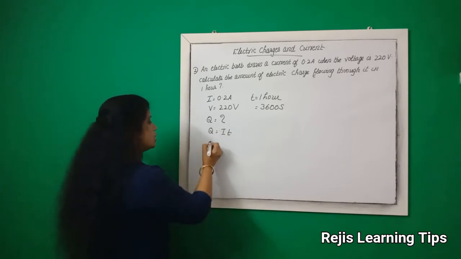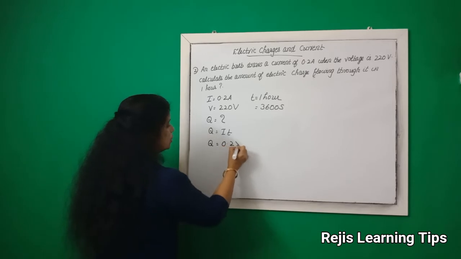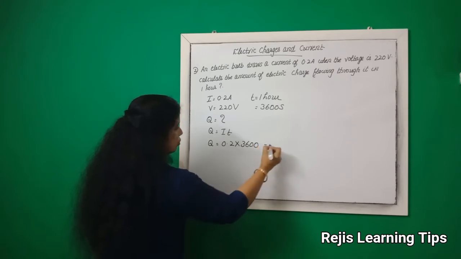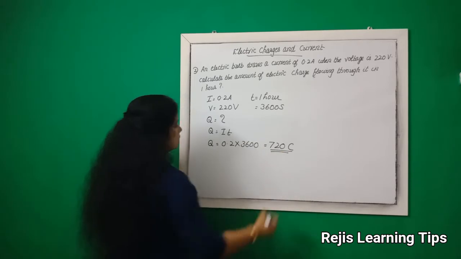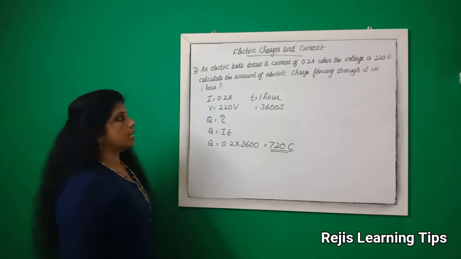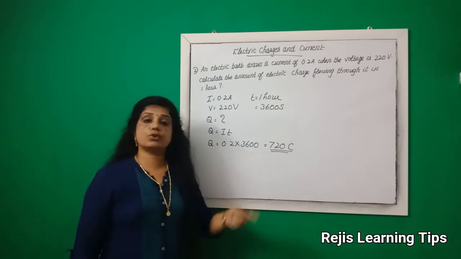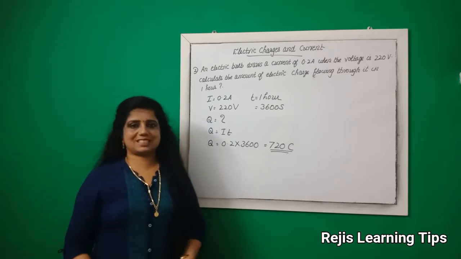So Q is equal to I, that means 0.2, into time in seconds, that is 3600 seconds, that is equal to 720 coulomb. Okay, then the amount of electric charge flowing through it in 1 hour is equal to 720 coulomb. Okay, then we can see the third question.